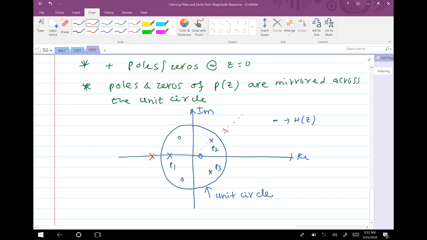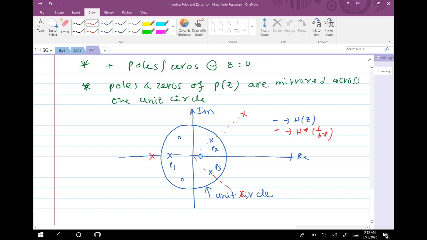Maybe let me write a bit far here, somewhere here, right? And similarly here, somewhere here. These are the zeros that got introduced because of poles, because of 1 by z conjugate.